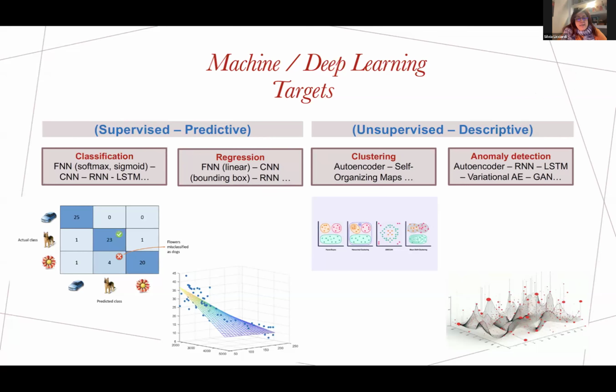Like you see, FNN, CNN, RNN, and so on are only a few particular architectures that we can use for these targets. They can be transversal to different targets, because there are many steps in the process of creating a neural network architecture.